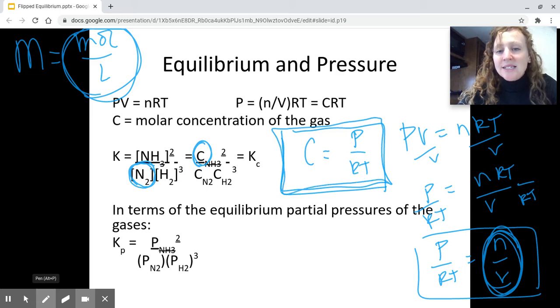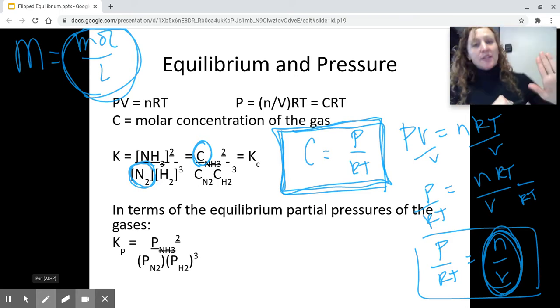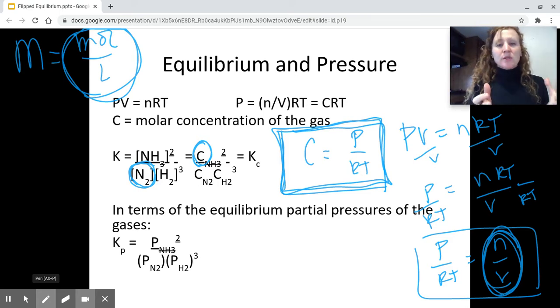It's just the ideal gas law solved for concentration, right? So concentration and partial pressure are related. They're related through the ideal gas law. So we can deal with K in terms of concentration. We can also deal with K in terms of partial pressure.